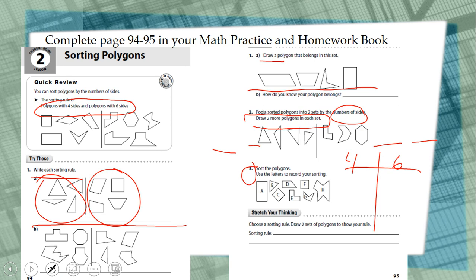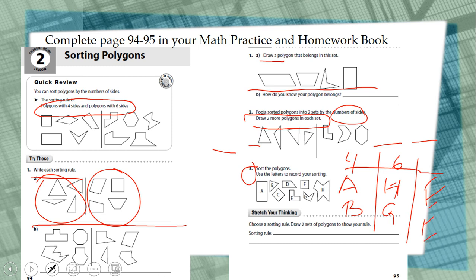Please count the sides, I'm just guessing. And then you're just going to put the letters, so maybe that's A, maybe that's H, I don't know, maybe there's a third option. So you're just going to try and group the numbers together. Maybe B goes here, please don't copy this. And then maybe G, and then, I don't know, F and E, let's say.